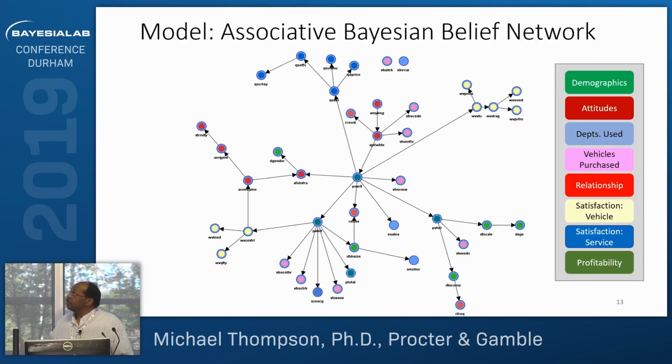This network, in this case, is built off of the variables. The color coding corresponds to this legend here. So we've got an assortment of things like which locale they are from, their age, income, household size, et cetera, for the demographics, and different attitudes about the automobile in their life.